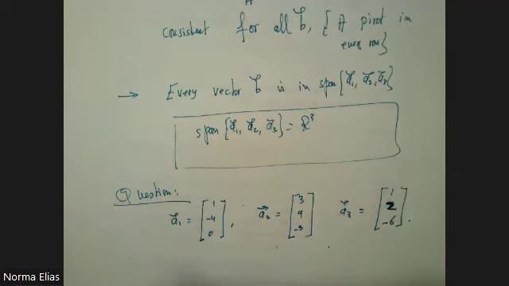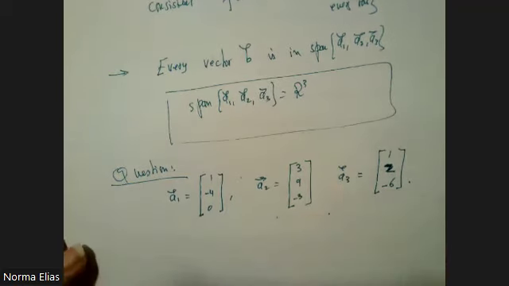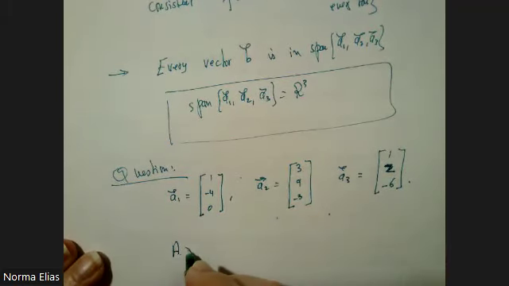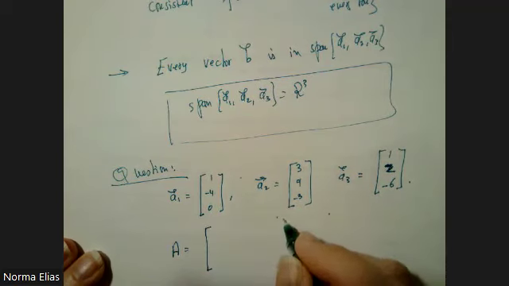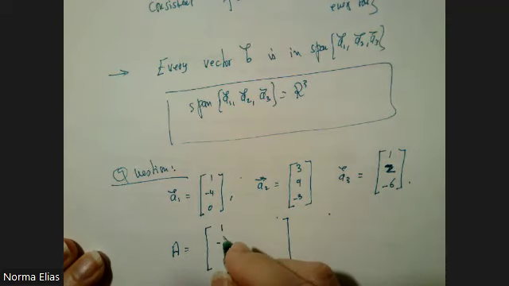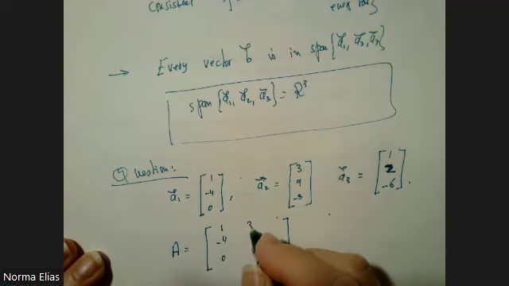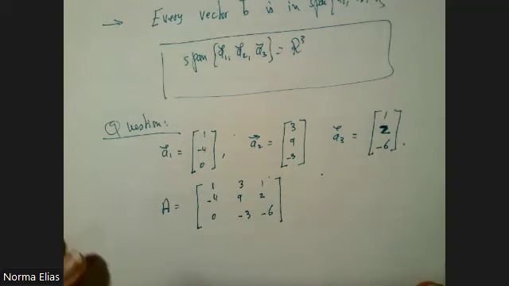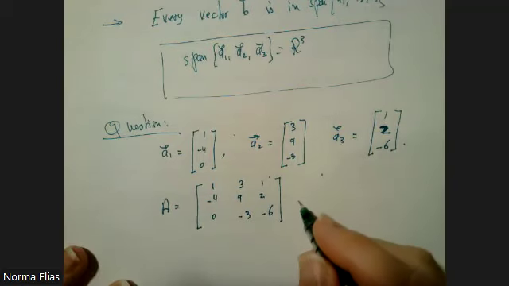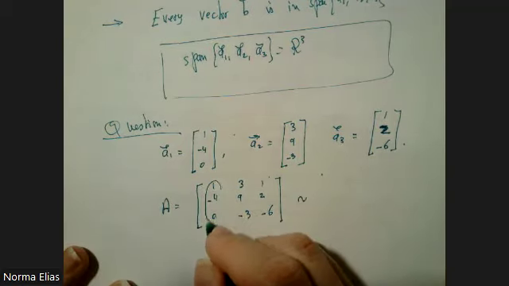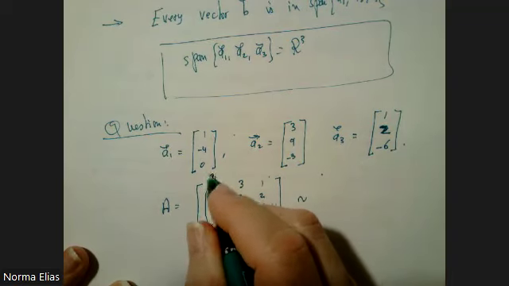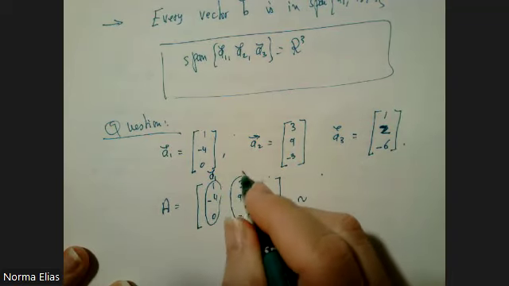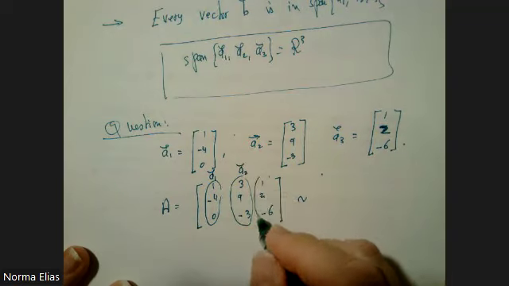Okay. And I'm going to give you the following. Suppose A is the matrix whose columns are 1, minus 4, 0, 3, 9, minus 3, 1, 2, minus 6. So that's my matrix A. This is A1, this is A2, and this is A3.